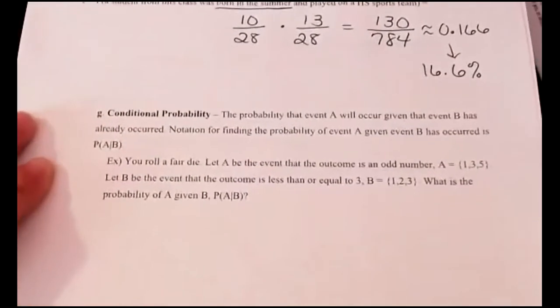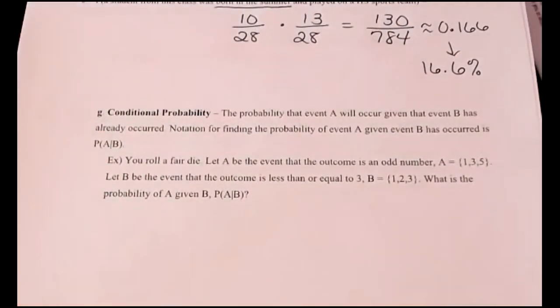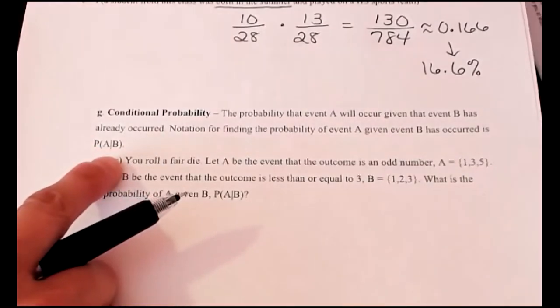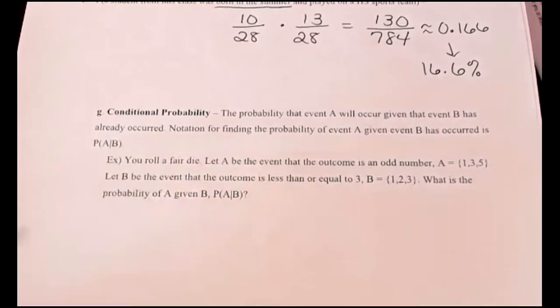Conditional probability. This is the probability that event A will occur given that event B has already occurred. Notation for finding the probability of event A given event B has occurred is written as the probability of A given B. Okay, that's how you would write it with that vertical bar.